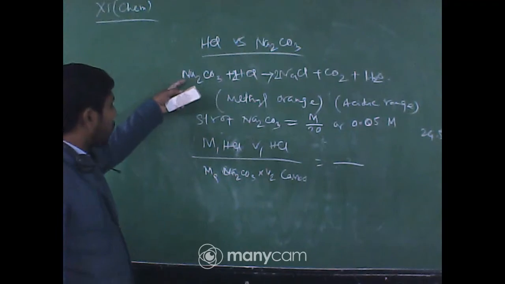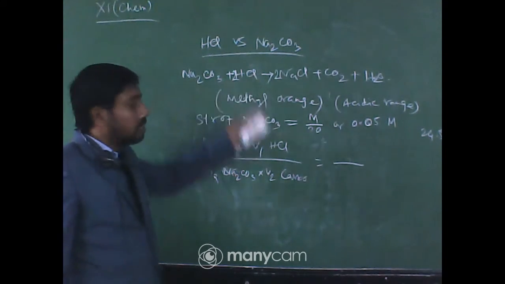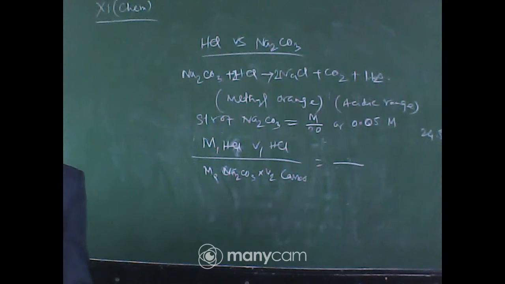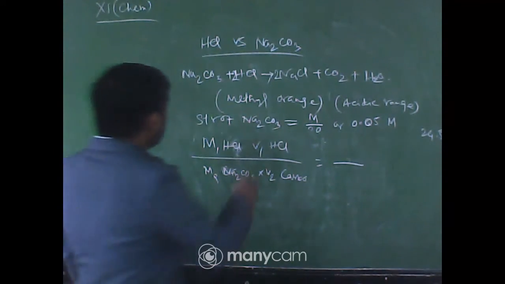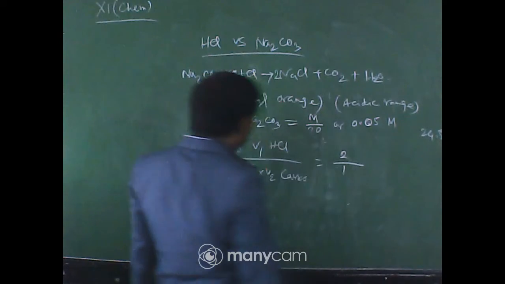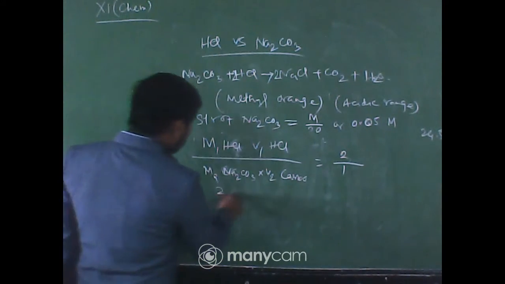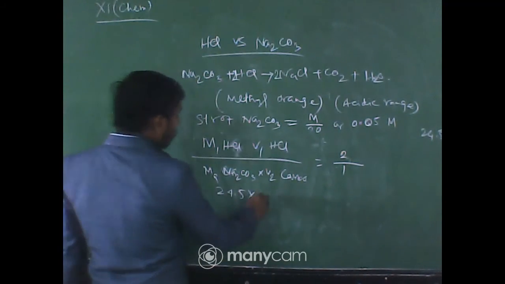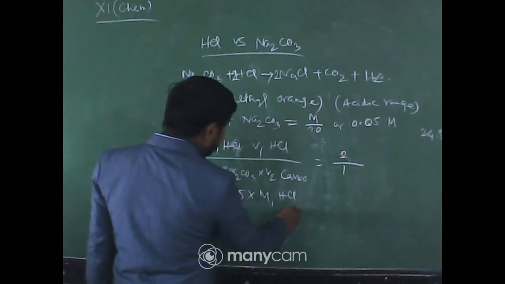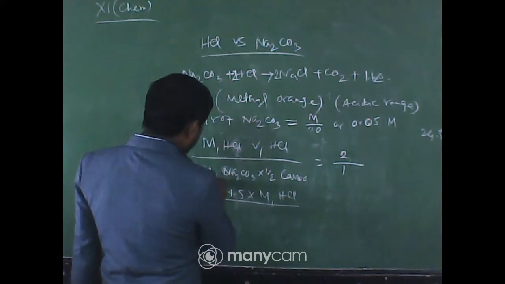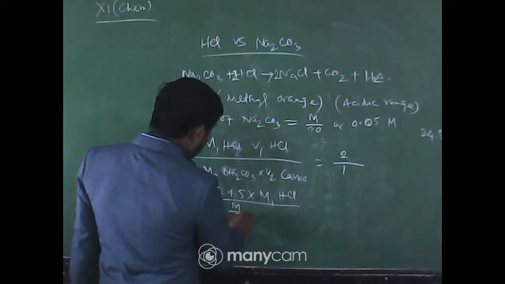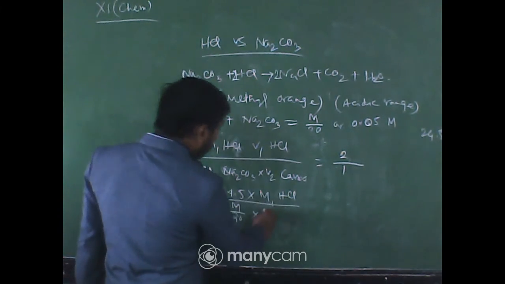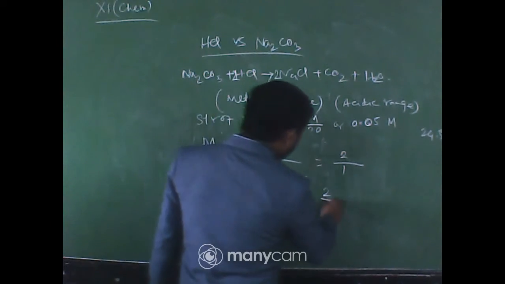Before sodium carbonate it is 1 and before HCl it is 2. So the stoichiometric coefficient of HCl here is 2 and this is 1. Now HCl consumed is 24.5, and this is the M1 of HCl, M2 is M by 20, volume 25. This is equal to 2 by 1.